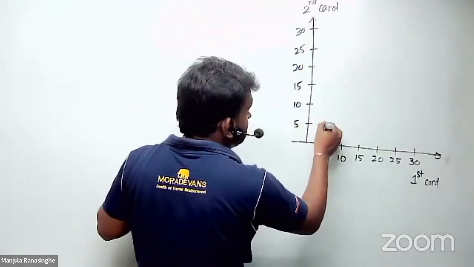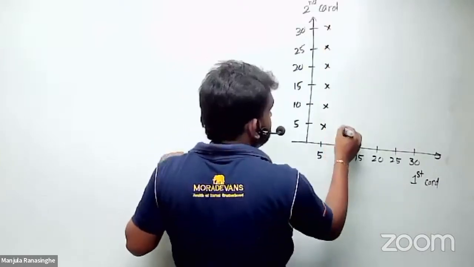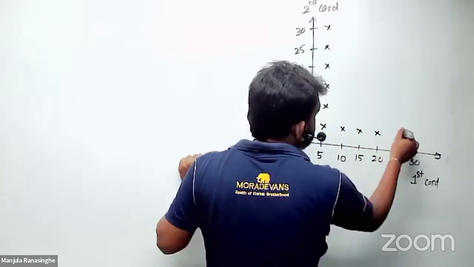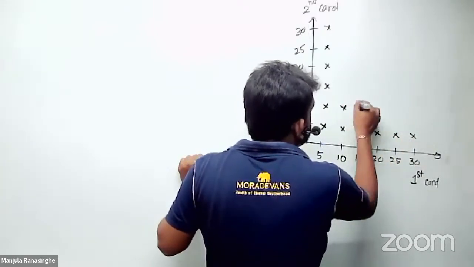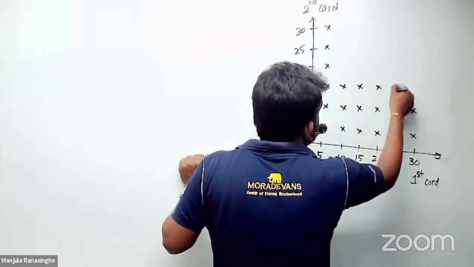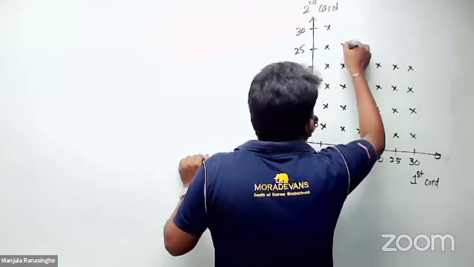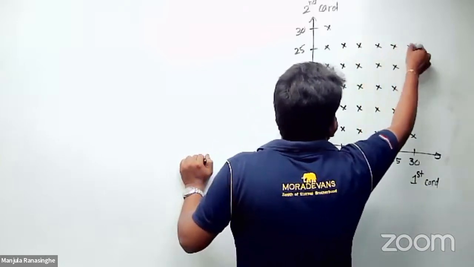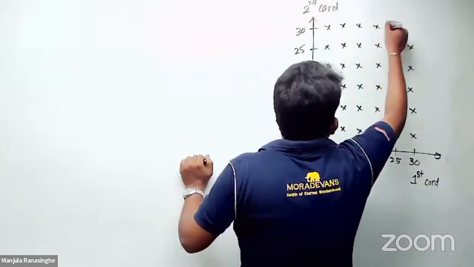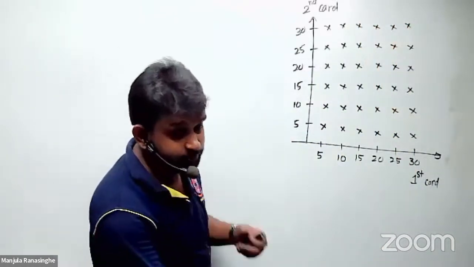So you can mark all the incidents, including the diagonal. Okay, this is the sample space.